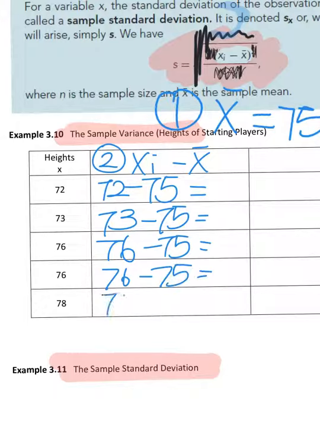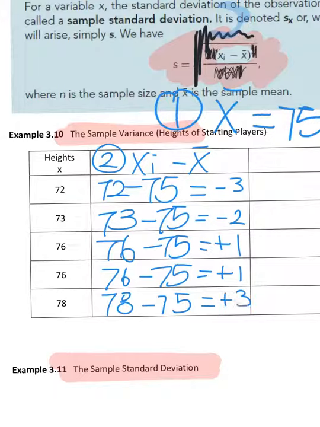And the last one will be 78 minus 75. Take the difference. It is a second step. 72 minus 75 will be negative 3. Negative 2. Positive 1. Positive 1. And positive 3.